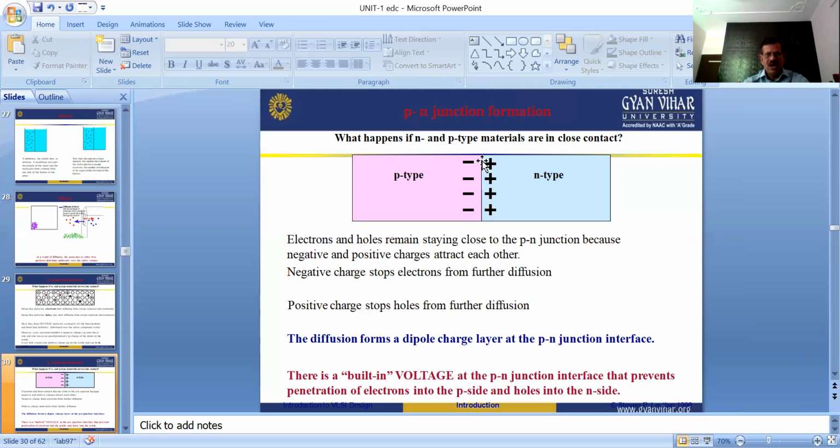The electrons and holes stay close to the p-n junction because negative and positive charges attract each other. We know that like charges, positive with positive or negative with negative, repel each other. But here the charges are opposite, positive and negative, so there is an attraction to each other.